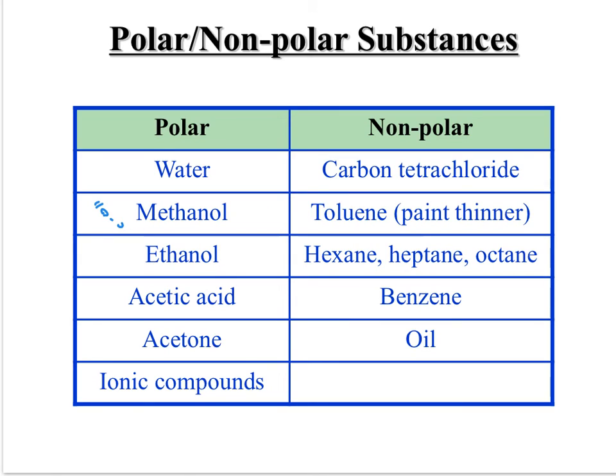So this tiny little carbon that had an OH group on it, and it had this property that you have two sides of the molecule, a polar end and a nonpolar end.